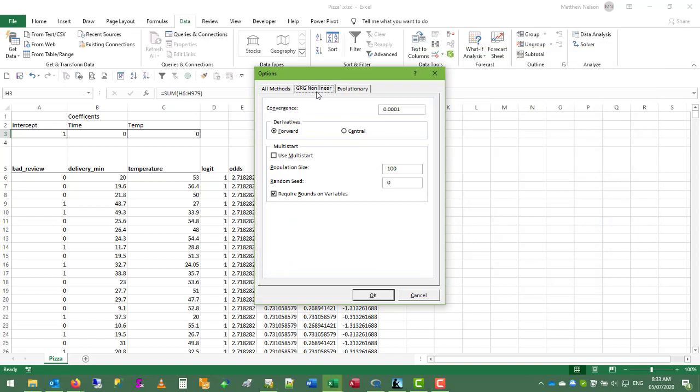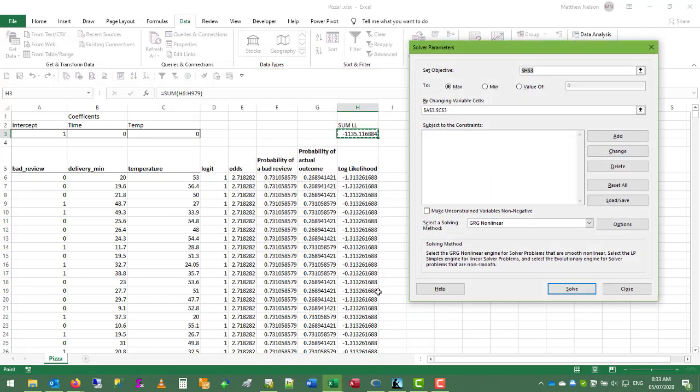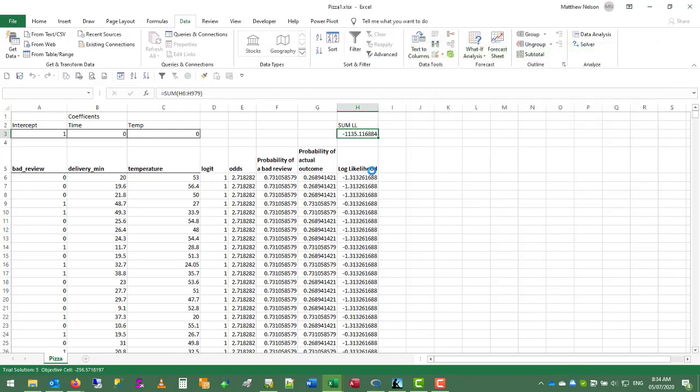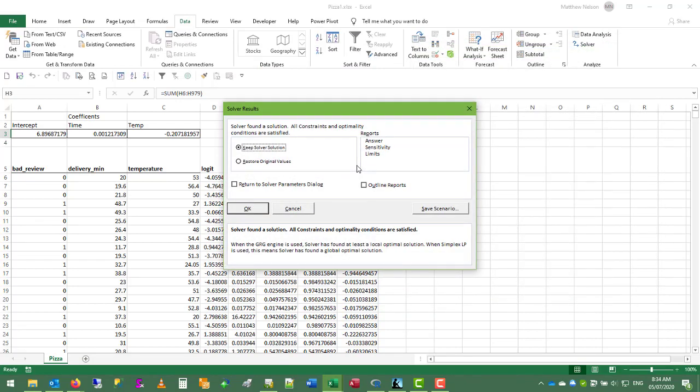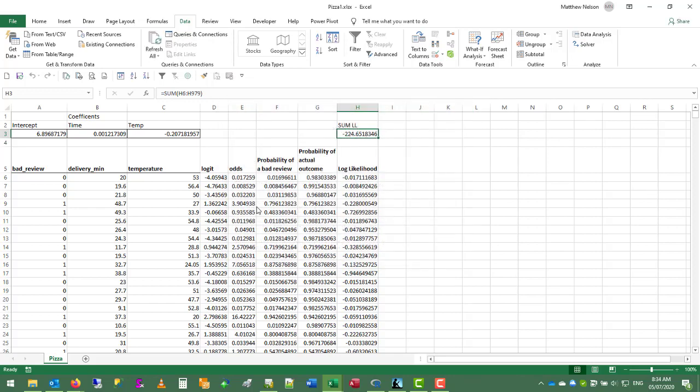And for our non-linear algorithm, we want to make sure we're using central convergence and uncheck require bounds on variables. We can put in more decimal places if we'd like. And OK, and then solve. And solver has found a solution. Okay, so now we have a model that predicts the probability of leaving a bad review.